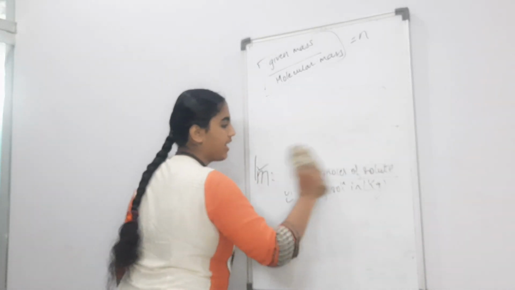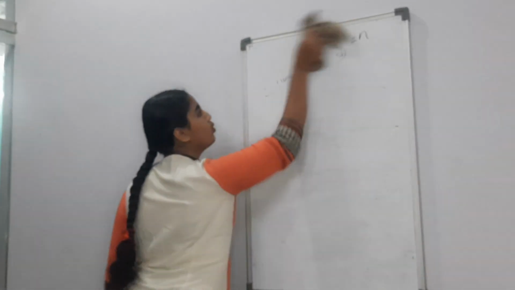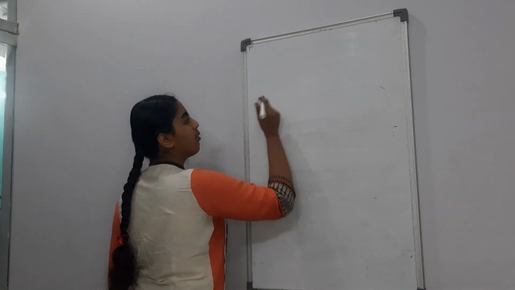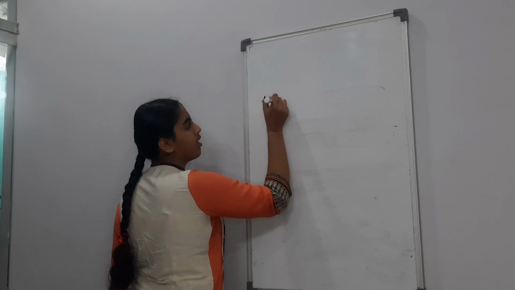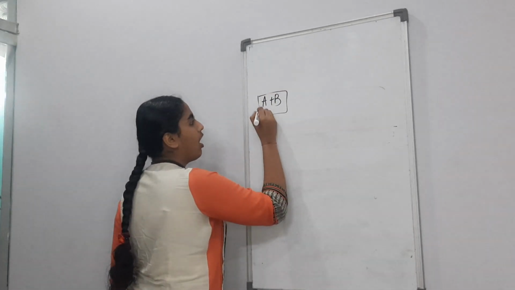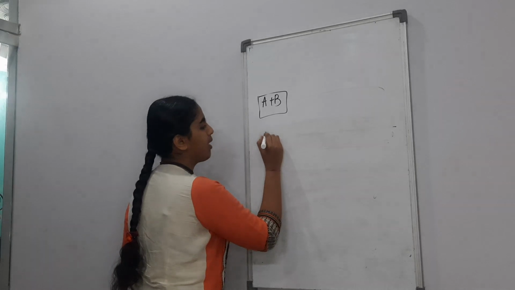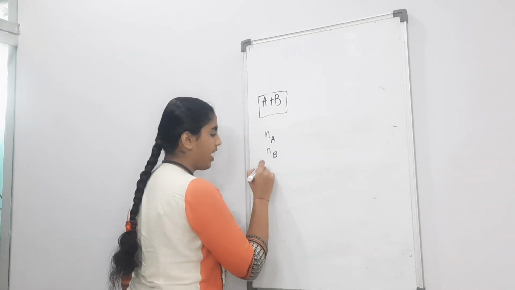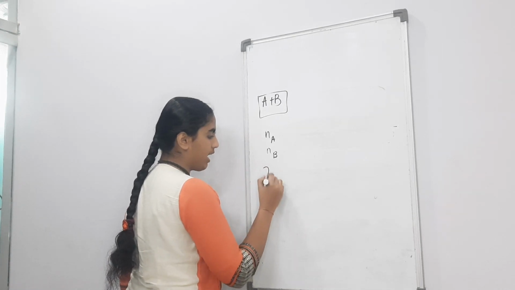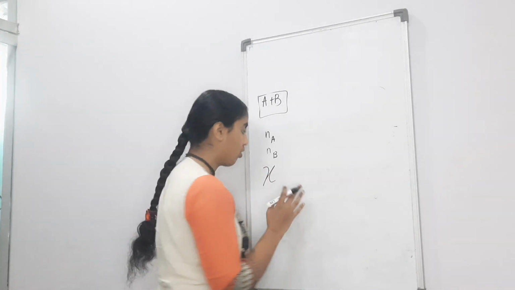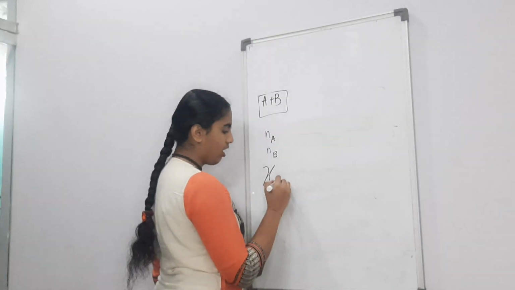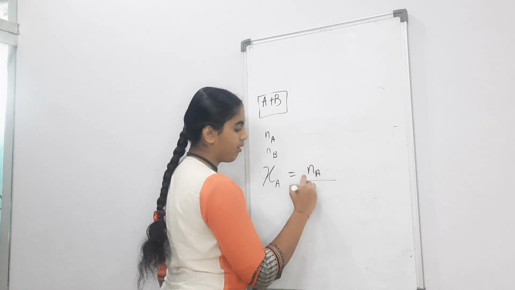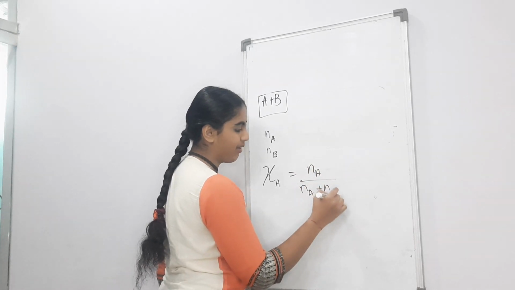Now, let's say we have a two-component solution, a binary solution, made of A plus B. Let's say I denote the number of moles of A by Na and the number of moles of B by Nb. Mole fraction is denoted by chi, or xi. So xi A, or the mole fraction of A, would be the number of moles of A upon the total number of moles of solution, which is Na plus Nb.